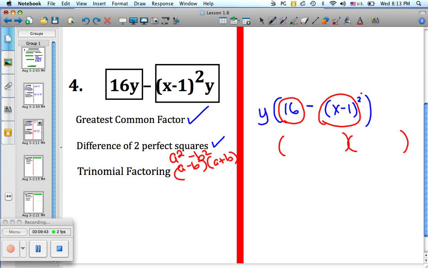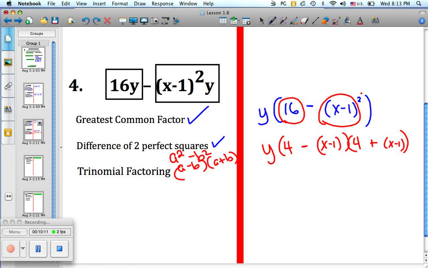So that means we take the square root of 16, and it's 4. So put a 4 here and a 4 here. The square root of x minus 1 squared is x minus 1. Because how do I undo a square? I square root it. Then I put a minus sign and a plus sign, and then this y comes down for the ride.